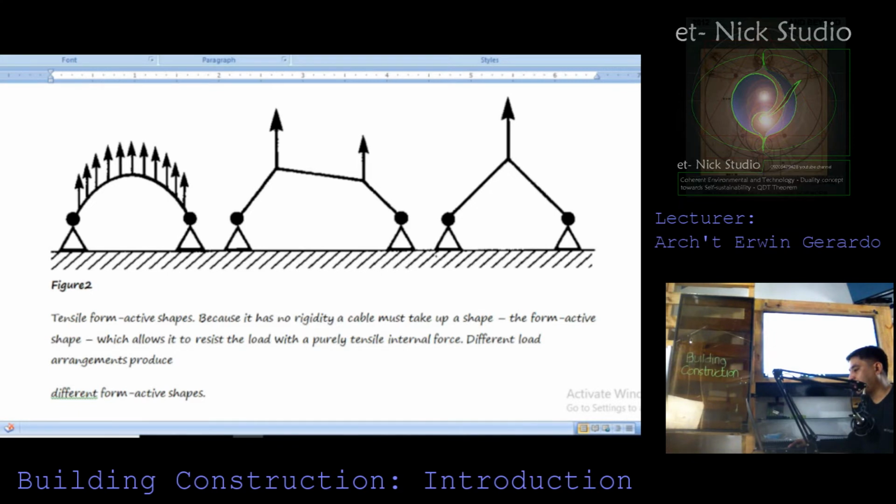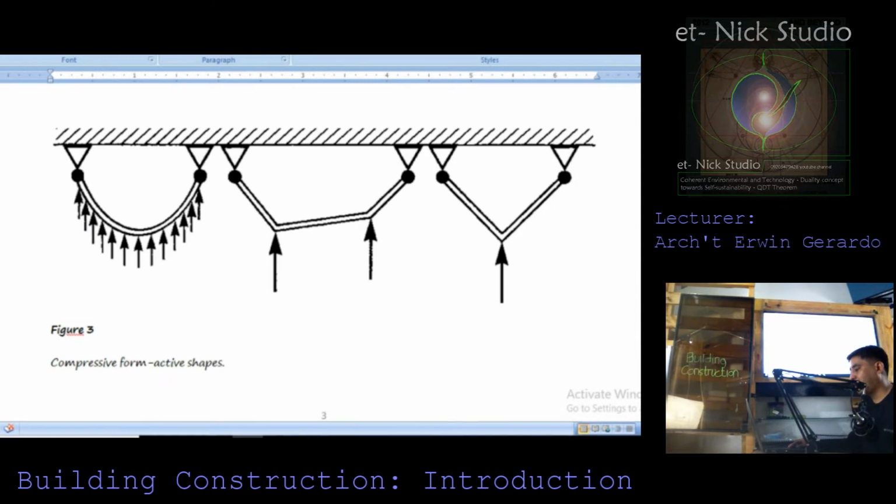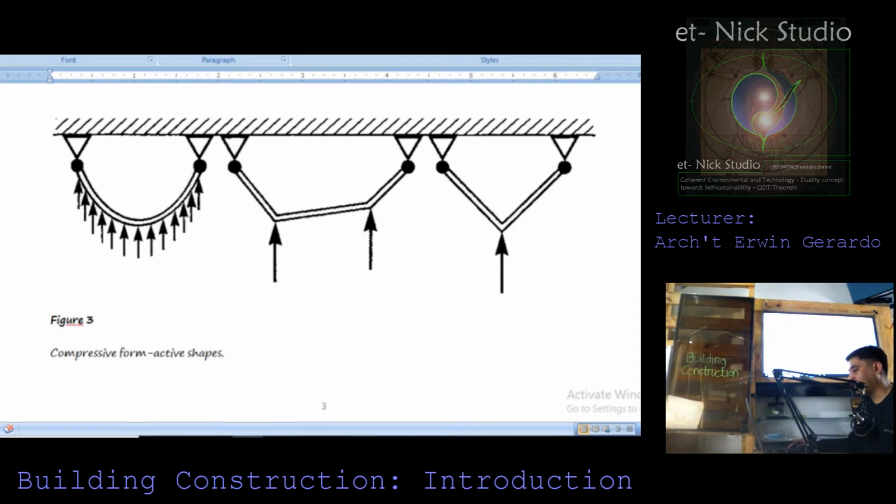We have different load arrangements produced. So the different form is now what we call the form active shape. While for the third figure, we have here the compressive form active shape once again, but in a reverse manner.